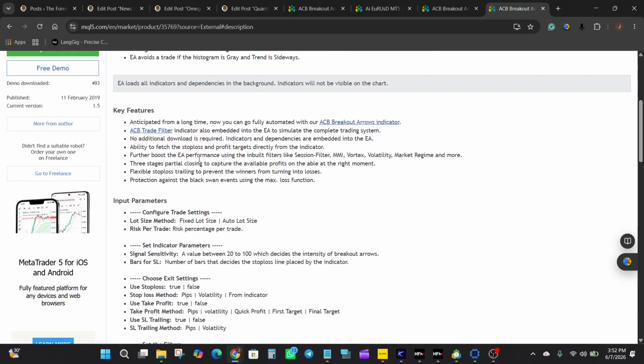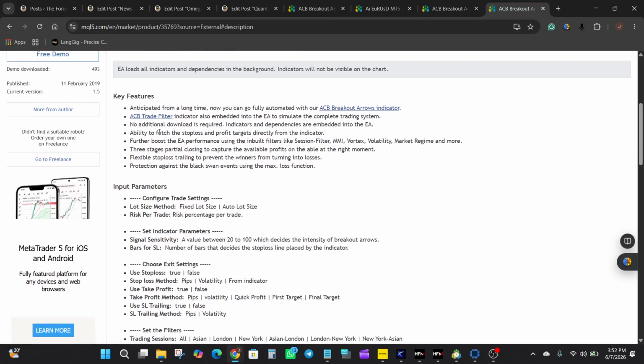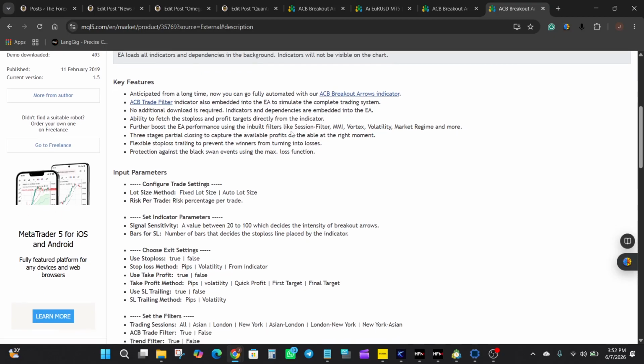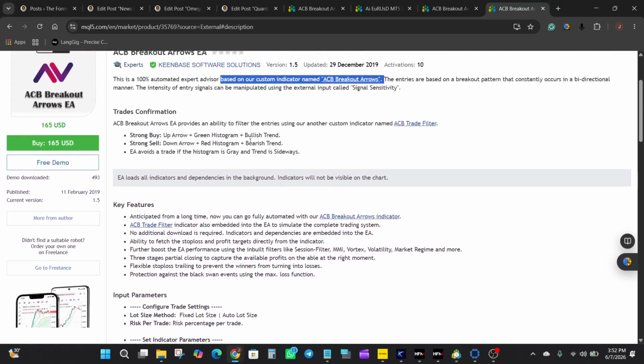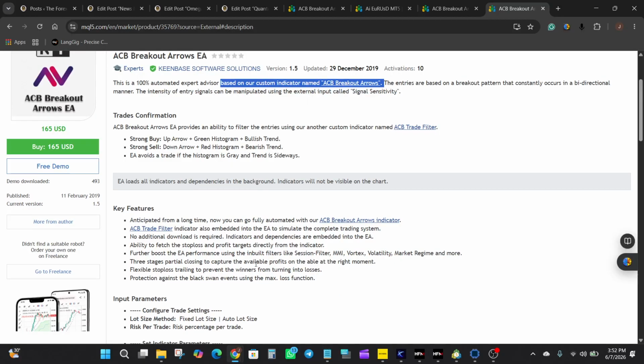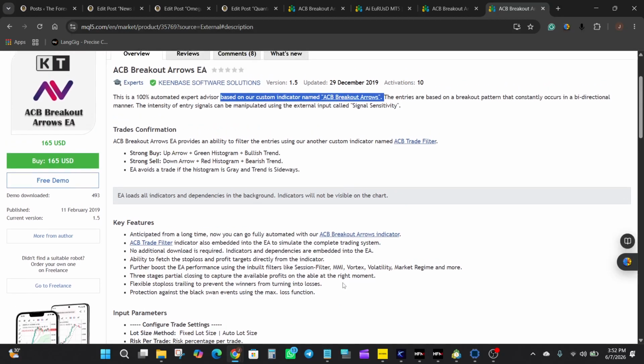We can also see the key features of the expert advisor: the ACB trade filter indicator, no additional download is required, the ability to fetch stop loss and profit targets directly from the indicator, and further boosting the EA performance using the inbuilt filters like session filter, MMI, Vortex, volatility, market regime, and more.